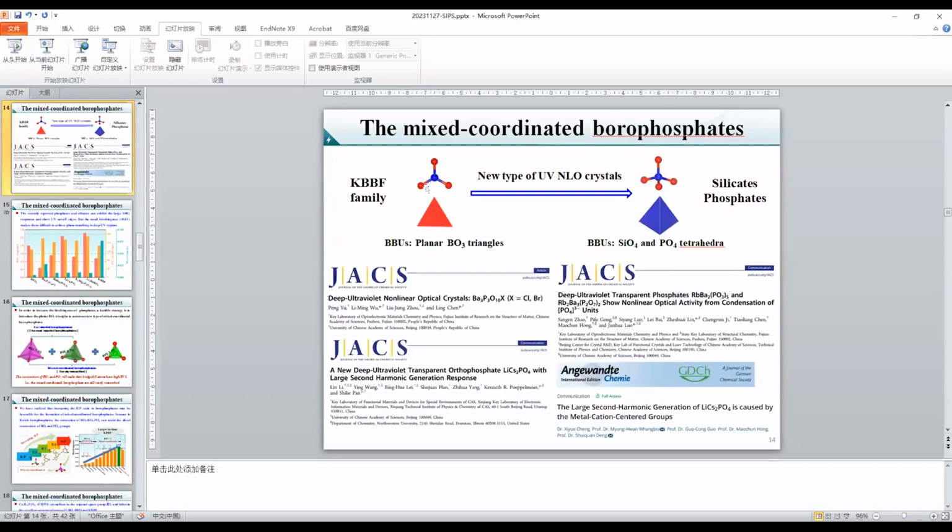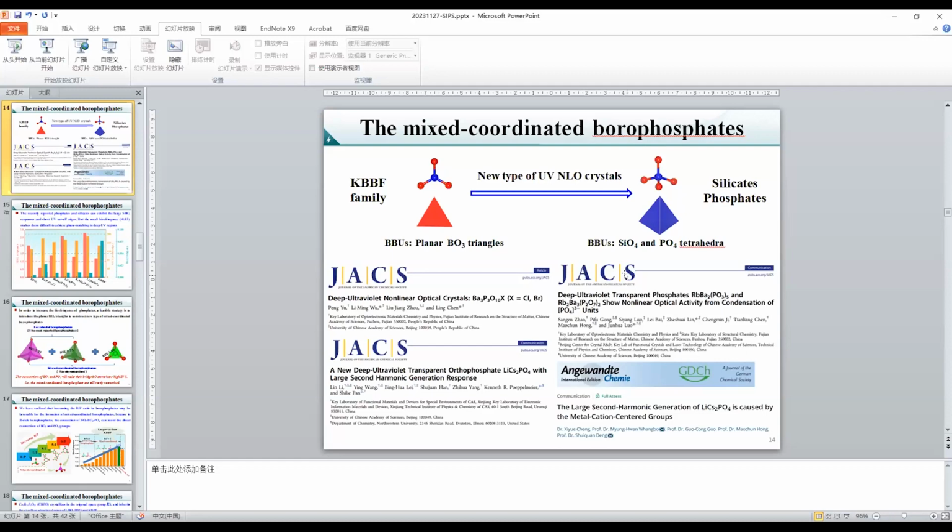We know beyond KBBF compounds, silicates and phosphates with SiO4 and PO4 tetrahedra as the basic building unit can also produce a deep UV cut-off edge.